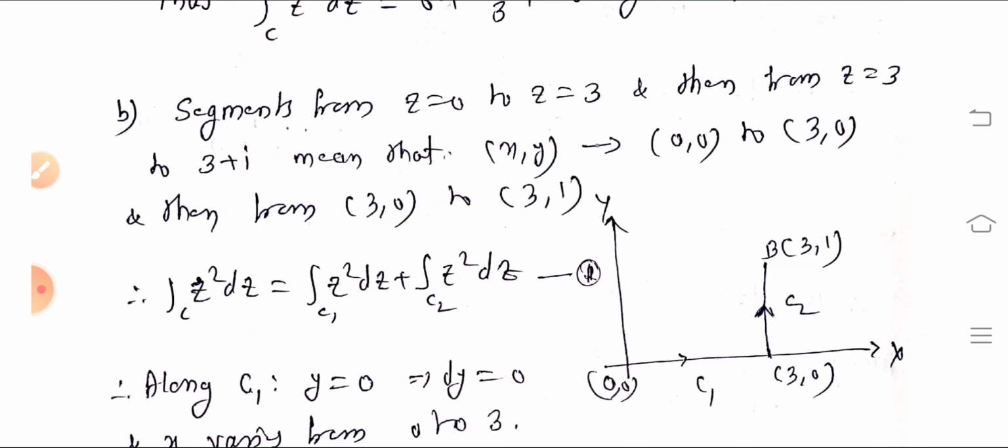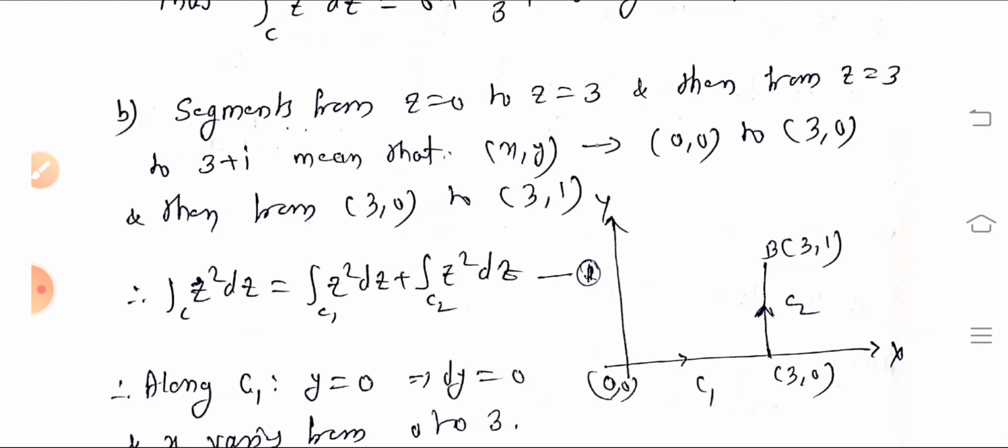So the line segment is, considering this point as A and this as origin O, OA to AB. Therefore the integral over c of z square dz is nothing but two curves, c1 and c2: the integral over c1 of z square dz plus the integral over c2 of z square dz. Consider this as equation 1.